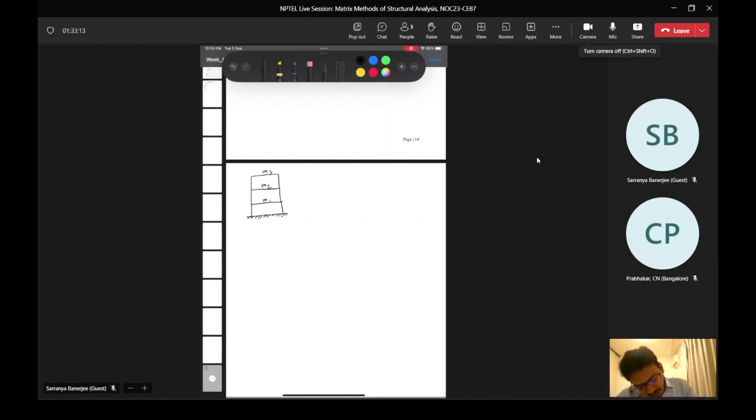Then you have different stiffnesses of the columns, say k1, k2, k3. So you are representing this as a 3 degree of freedom system with 1, 2, 3 masses and the stiffness like this.